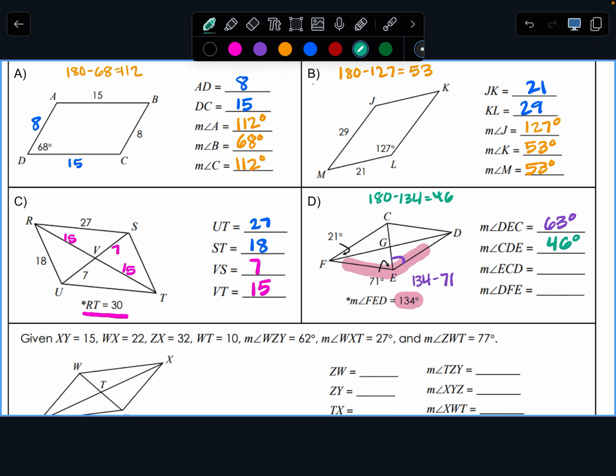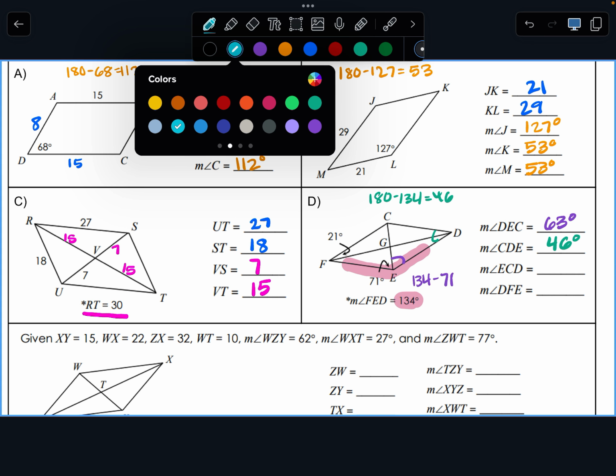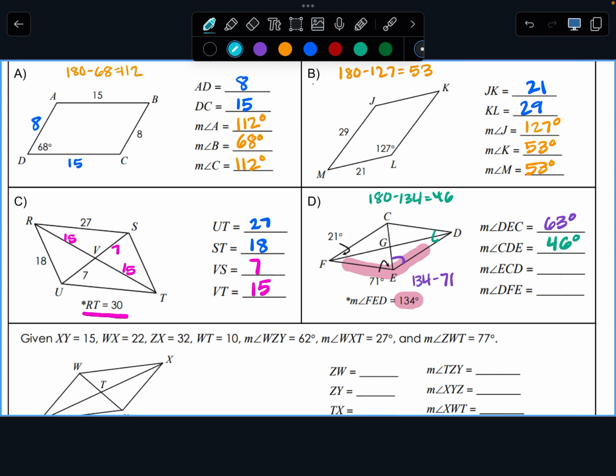BCD. This goes back to parallel lines. So remember that opposite sides of parallelograms are parallel. What is it? It's 71. Because if you think of the diagonals as a transversal and the sides are parallel lines, these are alternate interior angles. So they are the same.